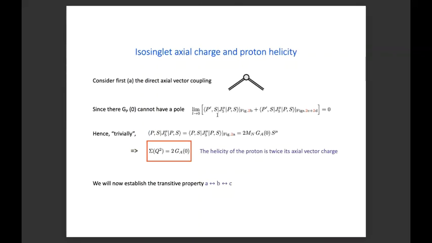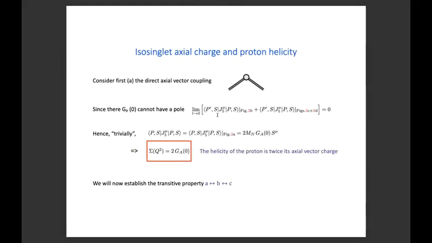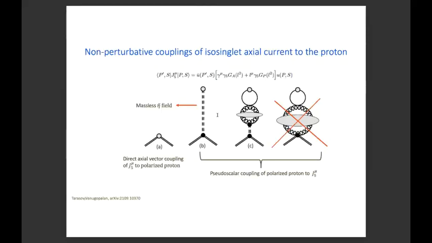So now let's consider the direct axial vector coupling. Now, strictly speaking, in the forward limit, since there's no pole, the pseudoscalar form factors have no poles. I mean, they're smooth, right? This is the physical quantity. So in the limit L going to 0, this object is well defined. And so if I take the forward limit, then the sum of these other pseudoscalar diagrams, the sum of these three, must be 0.